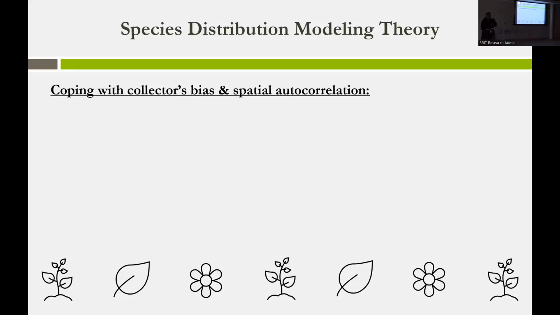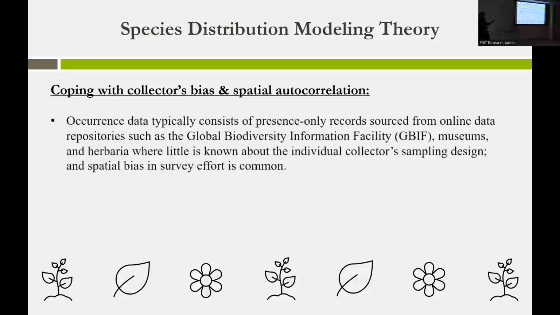So another important factor that I want to touch on, because this is very important for our applications as plant conservation biologists, is coping with collectors' bias and spatial autocorrelation. Right, our occurrence data usually consists of presence-only data sourced from online data repositories such as GBIF, museums, and herbaria, where maybe very little is known about the sampling effort or the collector's design. Spatial bias in survey efforts is very common, right? Where are these populations most accessible?